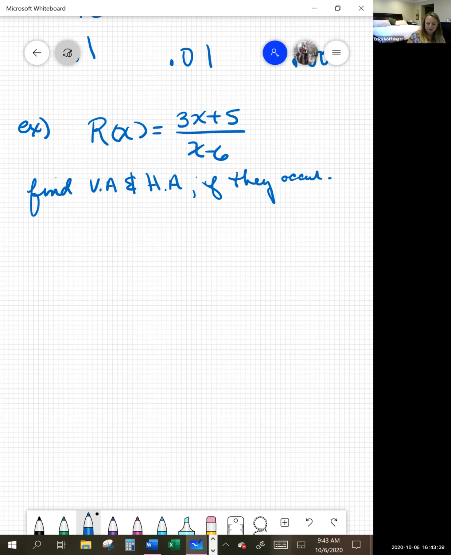Okay, so vertical asymptotes. These are values which set the denominator equal to 0, but not also the numerator.